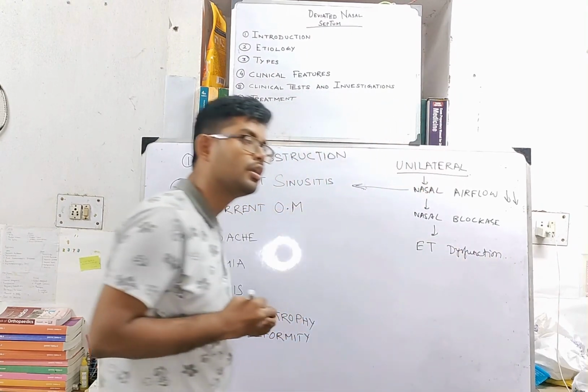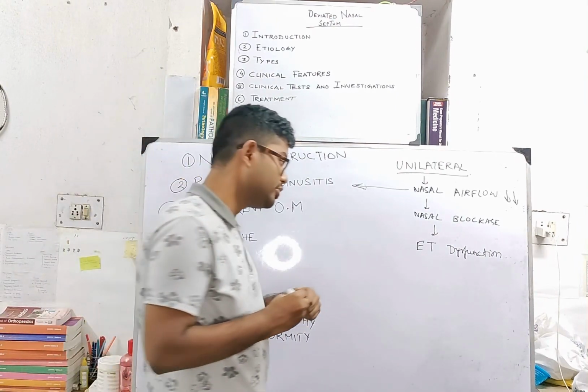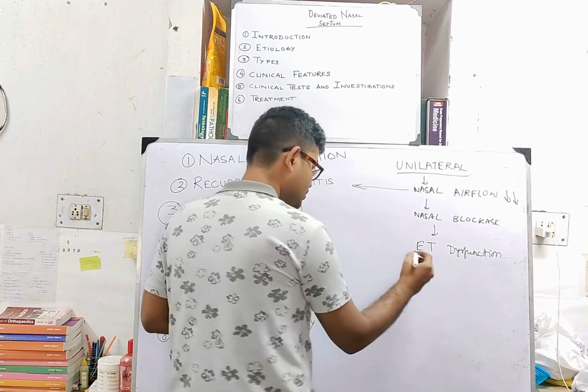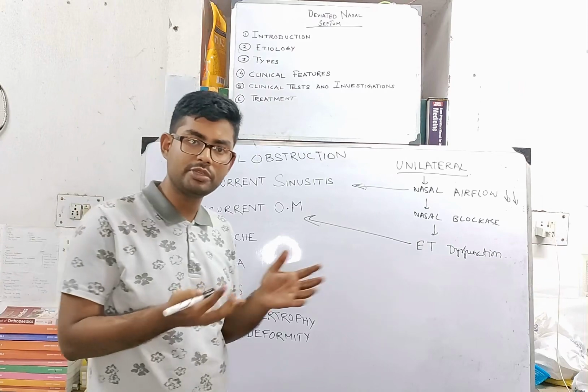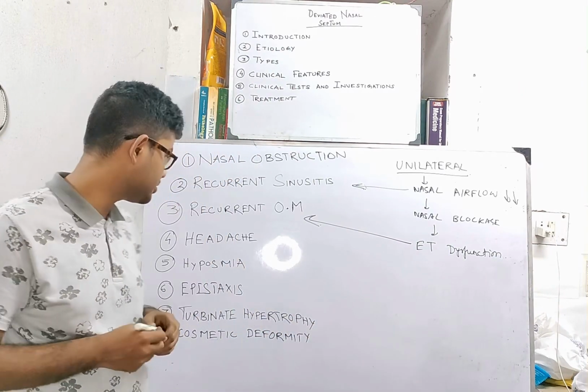And the discharge may also go in through the eustachian tube and reach the middle ear cavity to cause otitis media. So it may cause otitis media with effusion as well as an acute otitis media.